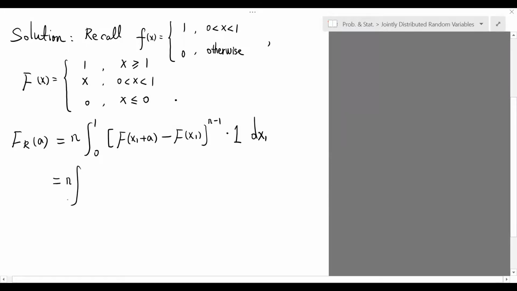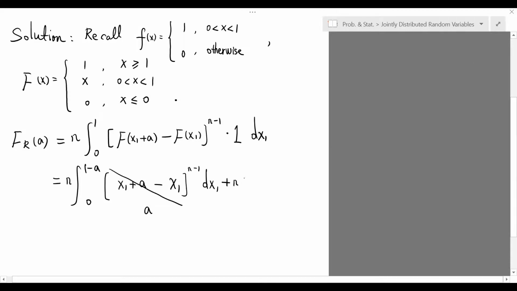In the first part, when x is in between 0 and 1 minus a, capital F of x1 plus a is just equal to x1 plus a, and capital F of x1 is just equal to x1. So over this part, the expression of the integrand is simply given by a to the n minus 1 power.